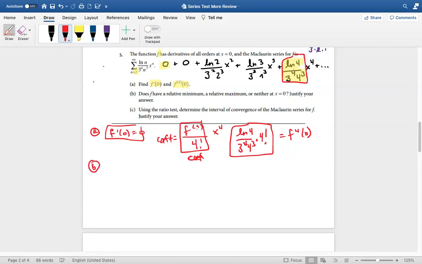Now, part B says, does f have a min, max, or neither at the center, justify? Anytime someone says a max or a min to you on the AP exam, you think derivative test for extrema.